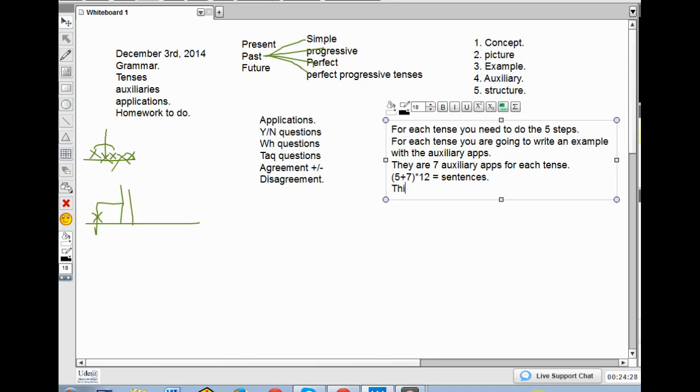Okay, this activity will be valid for today's and next week's attendance.